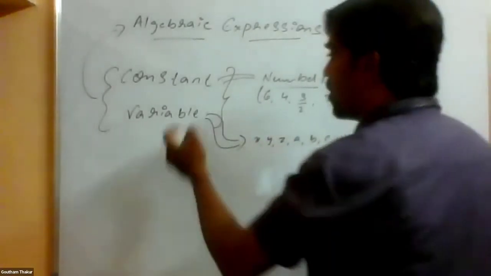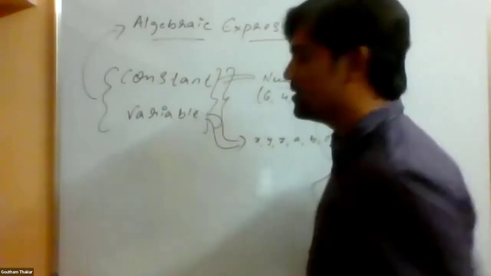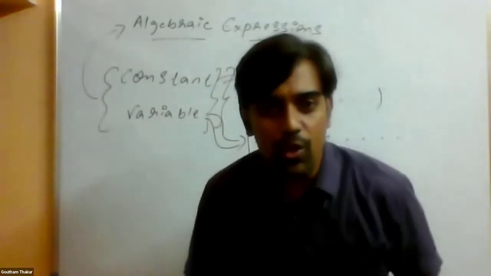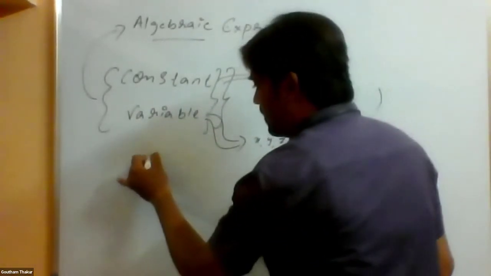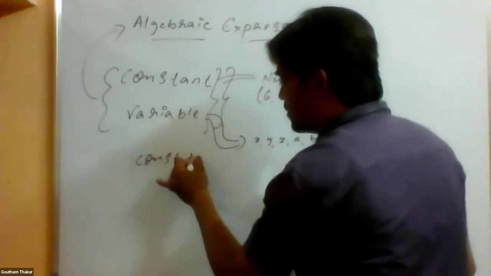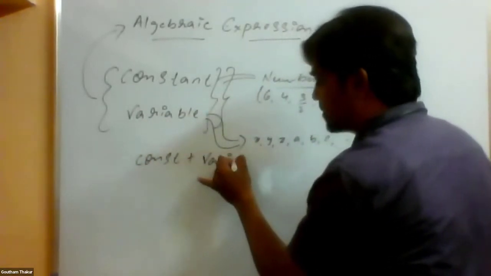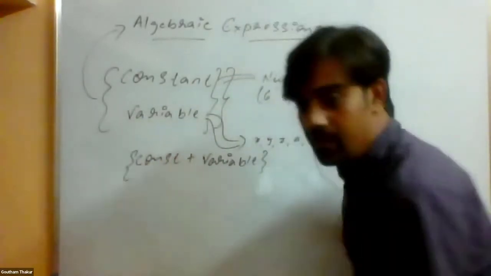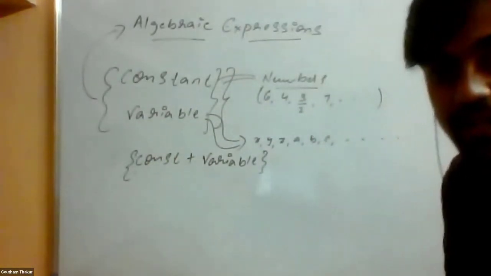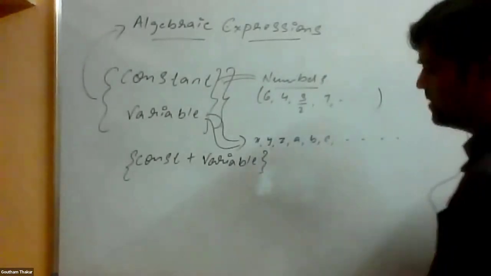The combination of a constant and a variable is called what? I would like to hear it from the students.